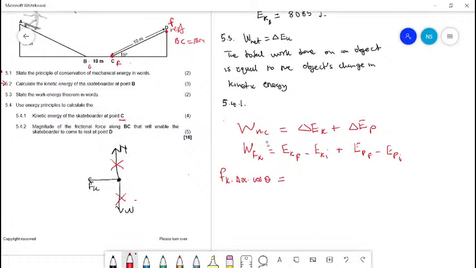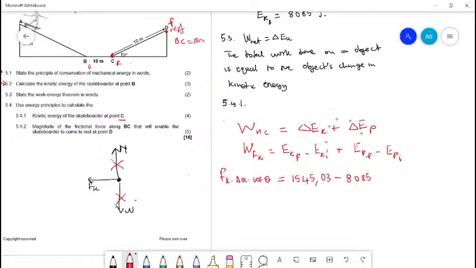So the kinetic energy at C, I think we got 1545,03, minus the initial, that's the kinetic energy at B. We got 8085 joules, remember, in question 5.2.